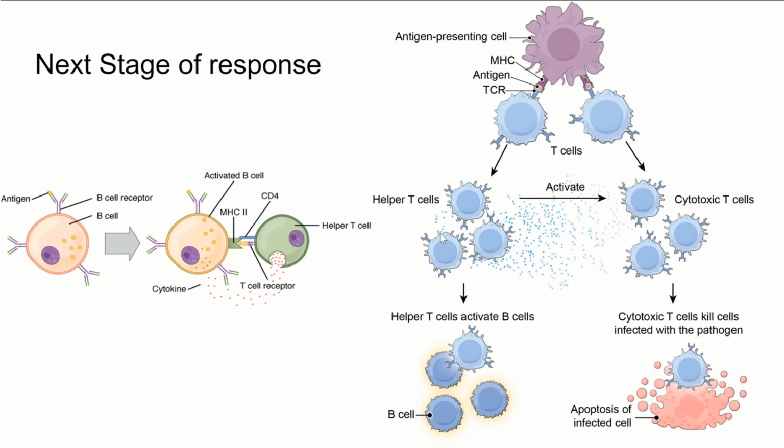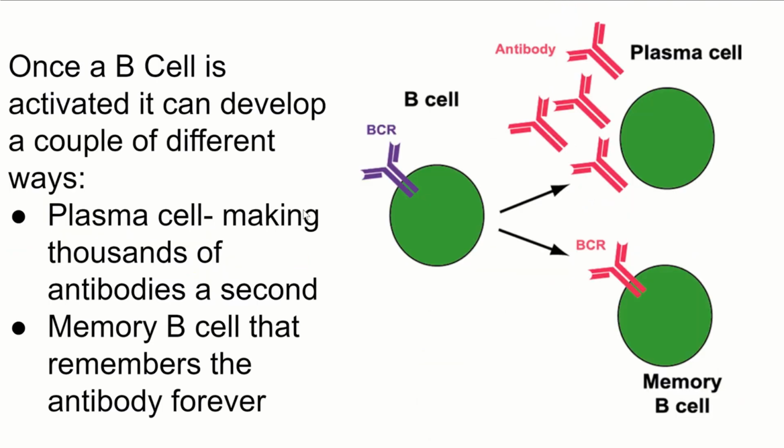They're going to cause it to go through apoptosis. The helper T cells, those are going to continue this process of making antibodies. They're the ones who are going to move on to that next stage. And that next stage is activating B cells. So when a B cell is activated, it's going to go through mitosis. And when it does, it has two possible pathways.